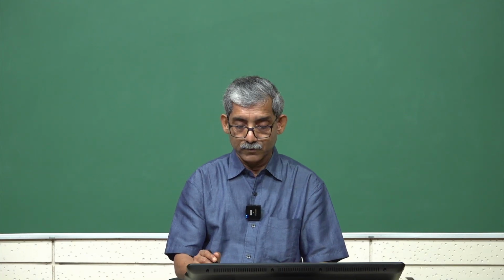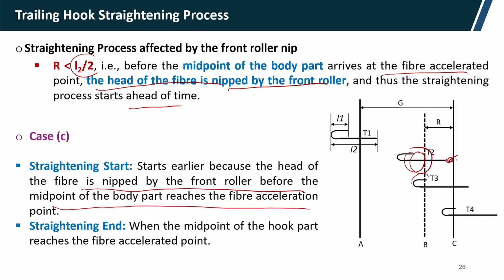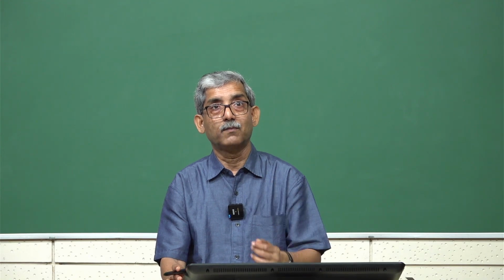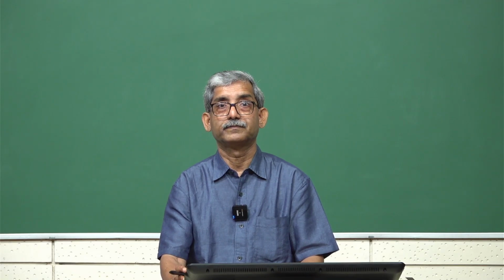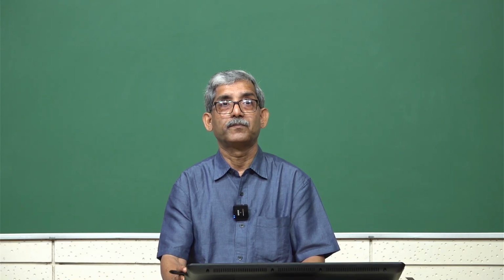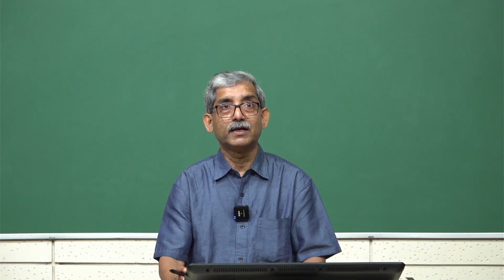The straightening ends when the midpoint of the hook reaches the accelerating point, that means both hook portion and body part move at the same speed. If we have a longer time, complete straightening will take place. We can increase the time for straightening.